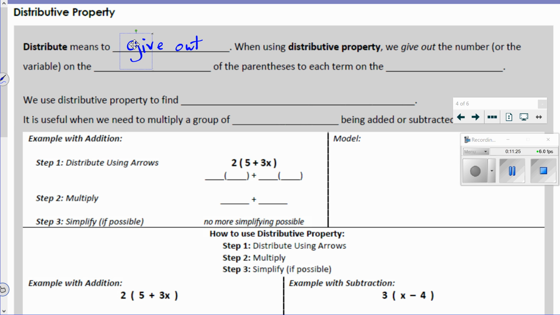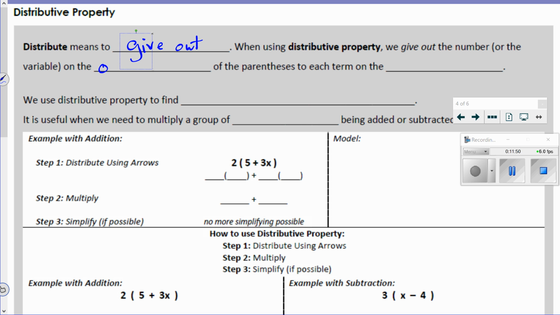So when we're using the distributive property, what we're doing is we're giving out the number or the variable, because it could be a variable, on which part of the parentheses? Great point, because it's not always left, but it is always on the outside.